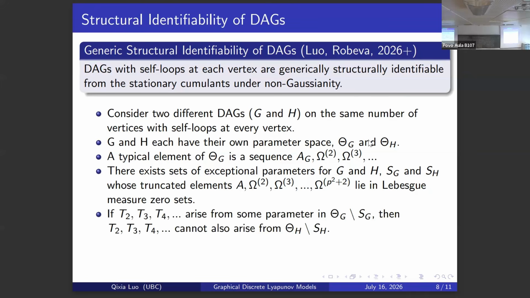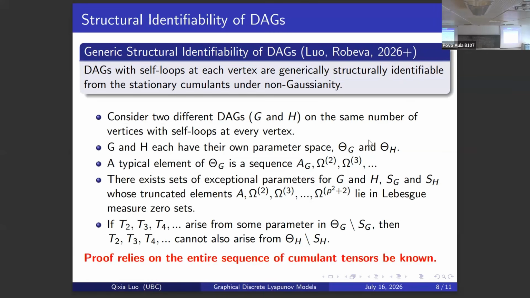If a sequence of stationary forms were to arise from some parameter in the parameter space associated with G, outside this exceptional set, then the sequence of stationary forms cannot also arise from the parameter space associated with the graph H, minus its exceptional set.